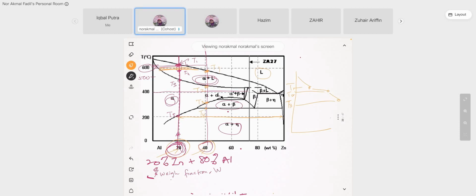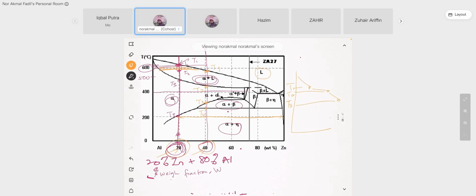Okay, soalan lain? Tak ada. Untuk test 2 dengan final exam pun basically, since we perform analysis, we perform test, the approach for test and final exam for material science is essay.